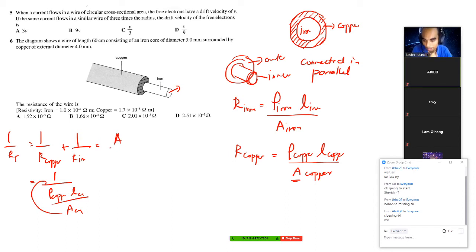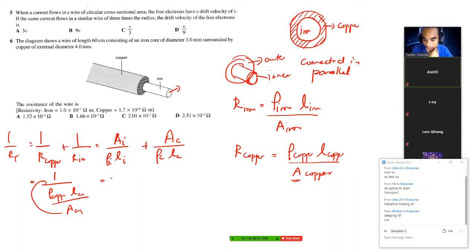So A iron divided by rho iron and L iron, plus A copper divided by rho copper and L copper.